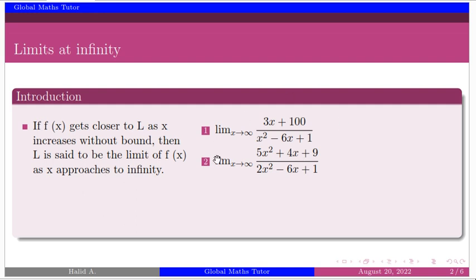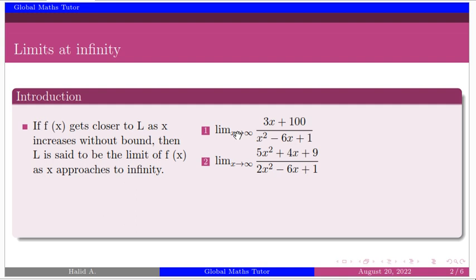As an example, here, the limit as x approaches infinity of a rational function, 3x plus 100 over x squared. The degree of the numerator is less than that of the denominator, and in the other example the degrees of the numerator and the denominator are both x squared. So when they are equal, what happens?